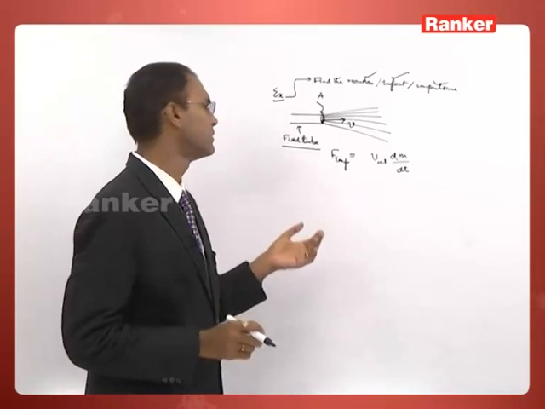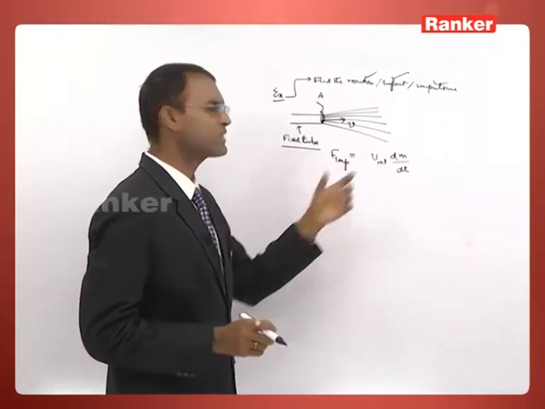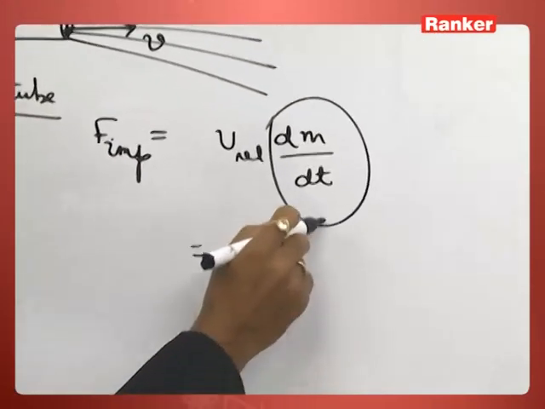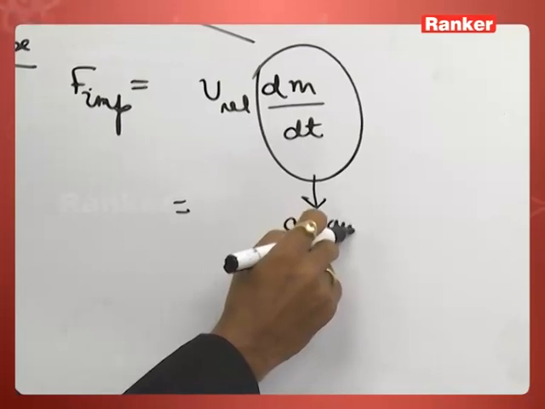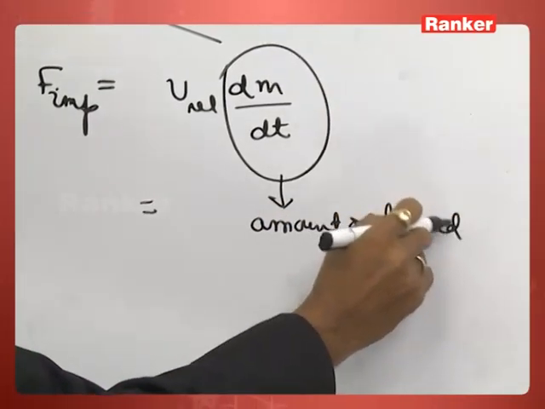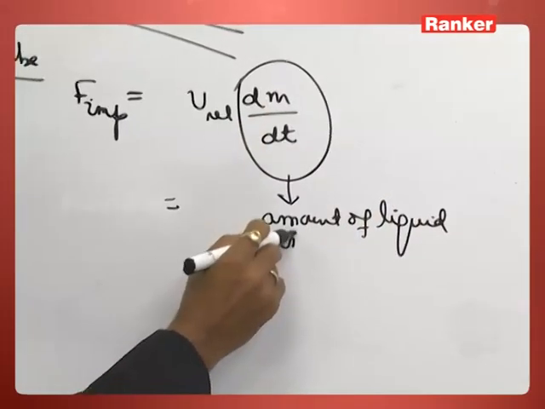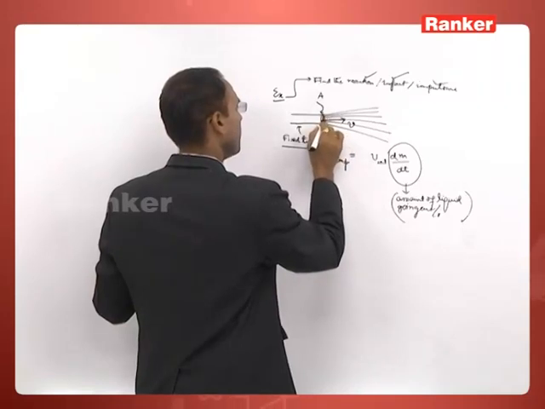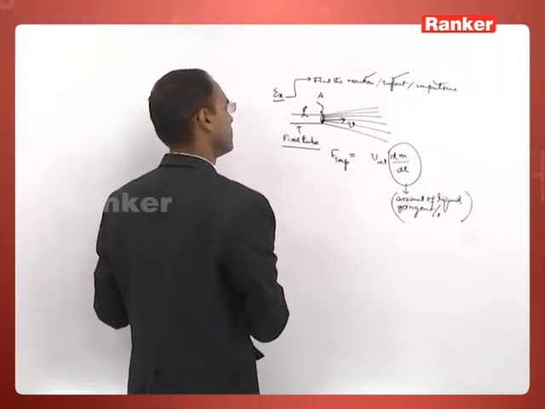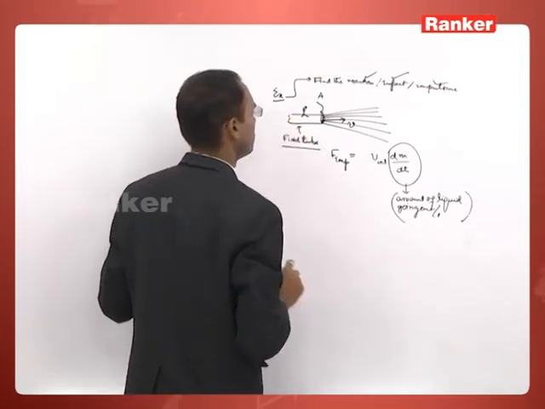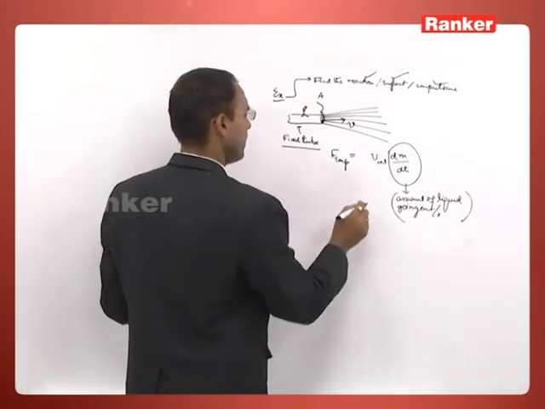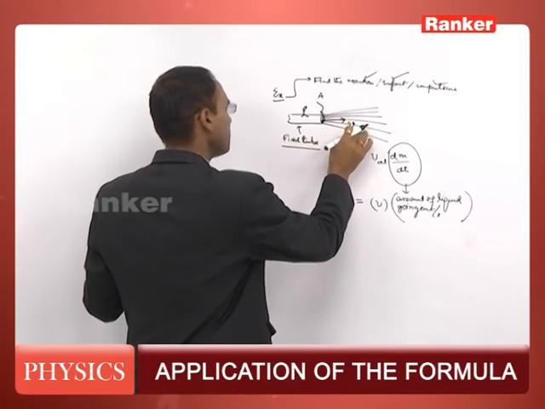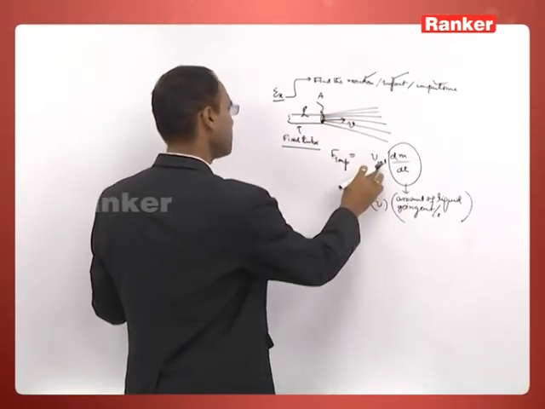Let us first consider the scalar aspect of this formula. dm by dt is the amount of liquid going out per second, and relative velocity between the liquid and the variable mass system, that is the tube, we can call is V, because V is the velocity of the liquid with respect to the tube or relative to the tube.